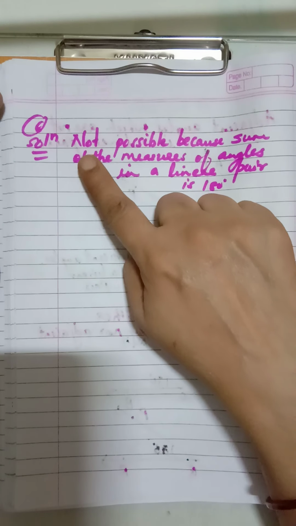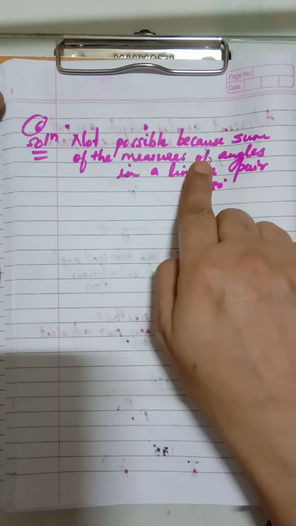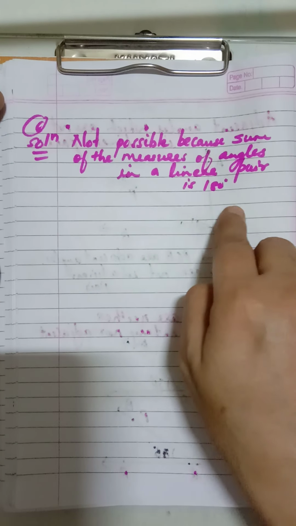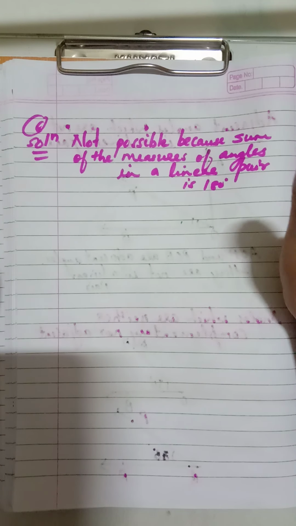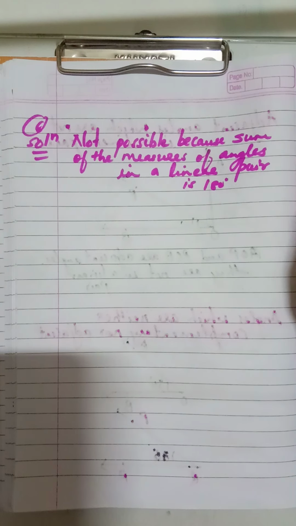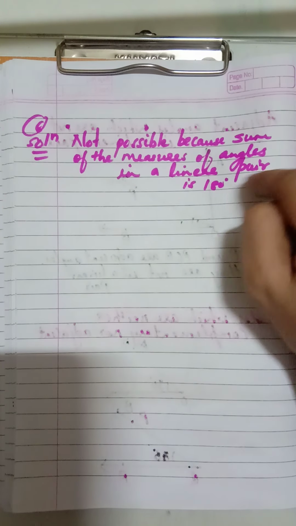Hence we can write not possible, because the sum of the measures of angles in a linear pair is 180 degrees. Clear, children? Linear pair means it will be 180 degrees. It cannot be complementary. Hence it is contradicting our definition of angles in a linear pair, which is not possible, because the measure of the angles in a linear pair is always 180 degrees.